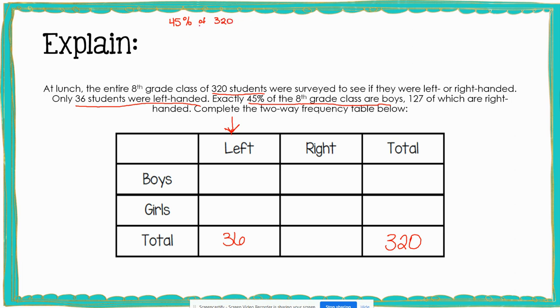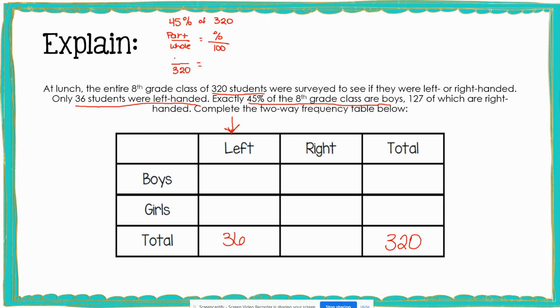Now, you can do this a few different ways. You have learned how to do percents with proportions. So that is always the part over whole equals percent over 100. This number is always 100. Well, in this case, if I were looking at part and whole, the whole number of students is 320.